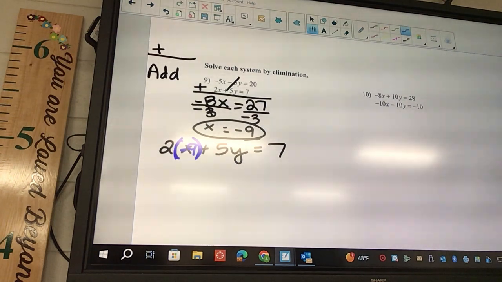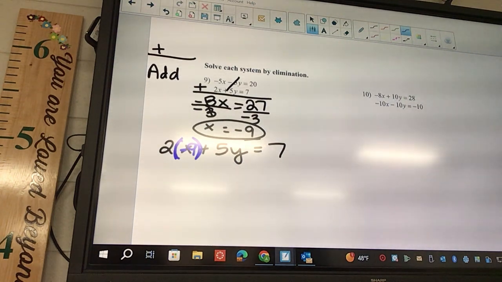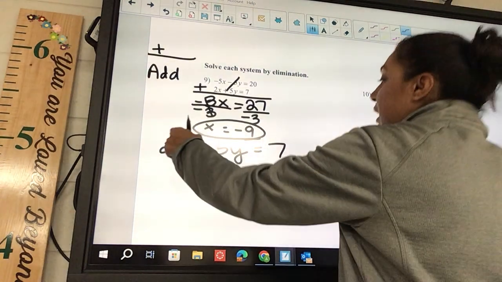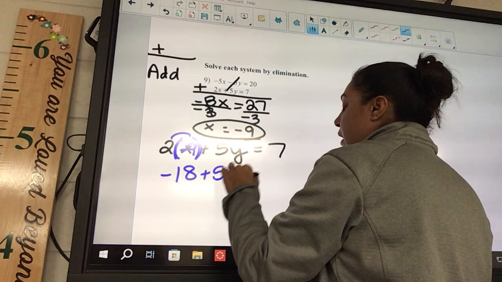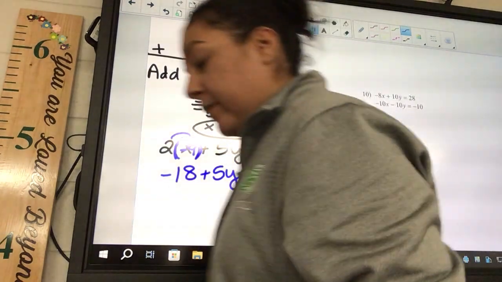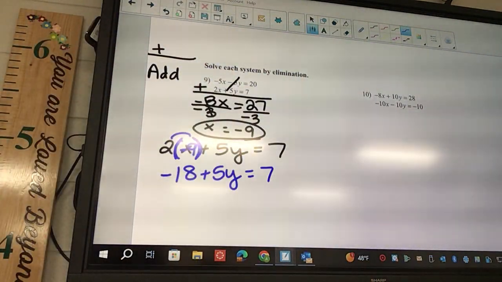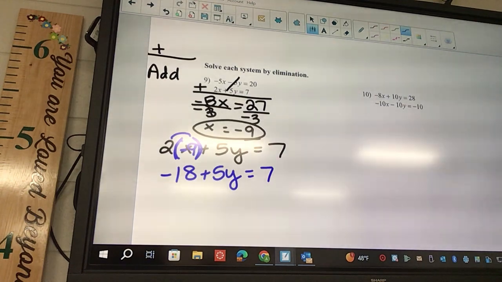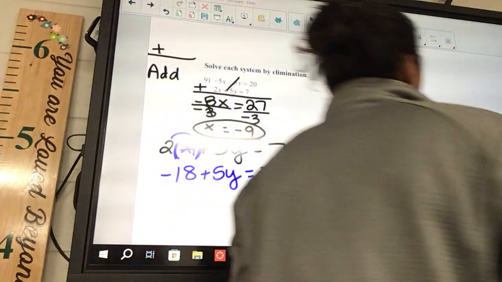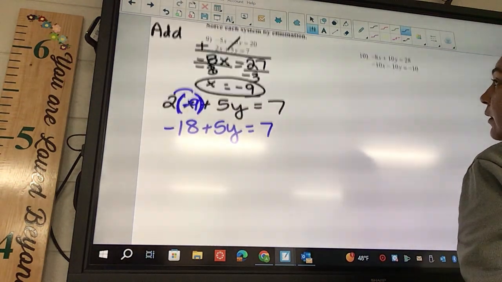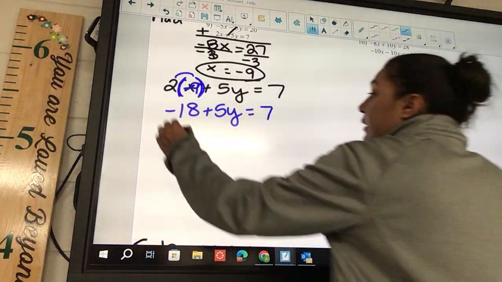Our steps from there are just like substitution. You're going to do your parentheses, and so 2 times -9 is going to be -18 plus 5y equals 7. Then what needs done? Add 18 to both sides.